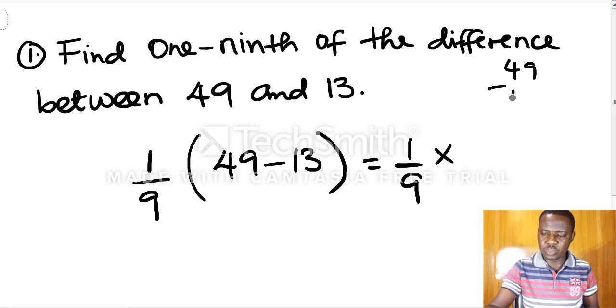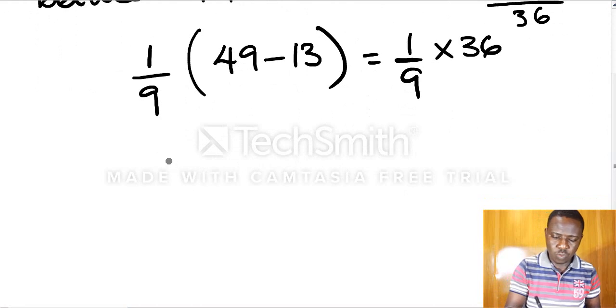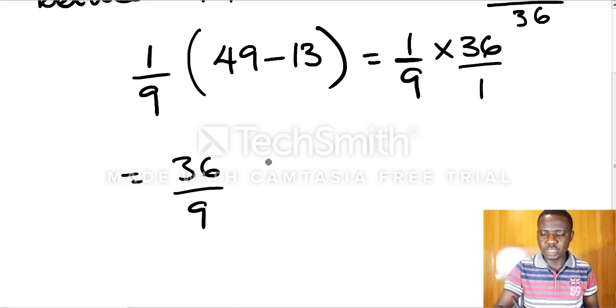That will be 49 minus 13. 9 minus 3 is 6, and 4 minus 1 is 3. So this is 1/9 times 36, and 1/9 times 36 can be said to be equal to 36 divided by 9. That is, when you multiply the numerator, 1 times 36 will give you 36, and 9 times 1 will give you 9, which is equal to 36 divided by 9.